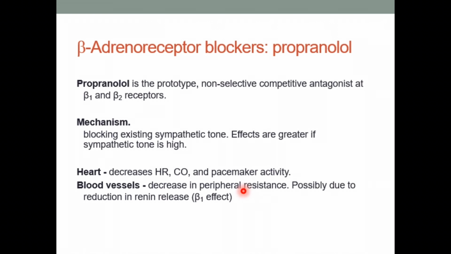So if you block the beta 1 receptor in the JG cells, you reduce the renin release and you reduce the AT2 release. And if you have a reduction in AT2, you reduce the effect of the AT2 on the vessels, which means you reduce vasoconstriction of the vessels and reduce the peripheral resistance.